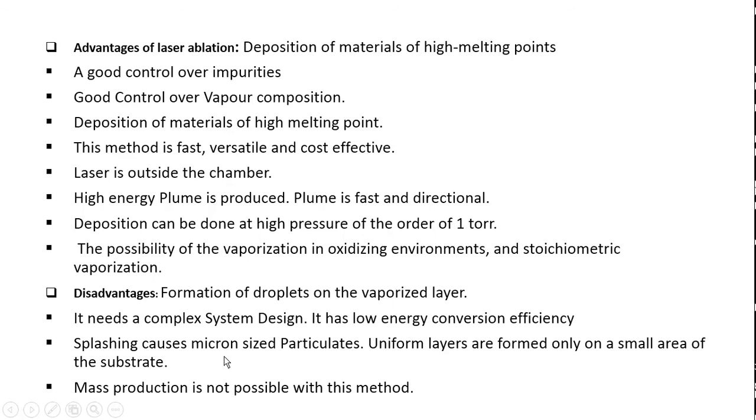In nanomaterials we have nano-sized materials, but the splashing causes micron-sized particulates. Uniform layers are formed only in small areas. The mass production point is not very correct as a disadvantage. Of course, you learn these three disadvantages and some of the advantages.